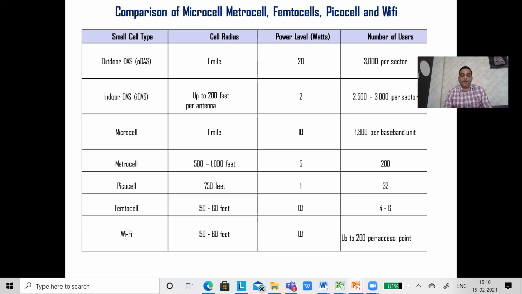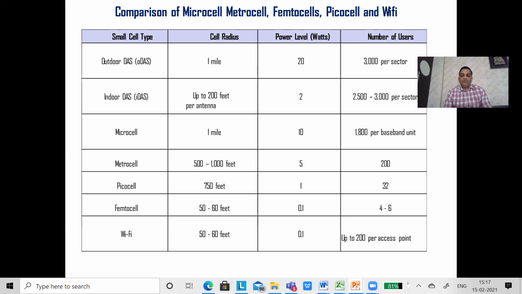Basically, this distributed antenna system consists of a network of antennas that offer comprehensive wireless cellular service for an area, structure, or building, we can say. DAS technology was developed to address the problem with mobile connectivity faced by many building owners. So this was the basic objective of DAS when it was introduced.